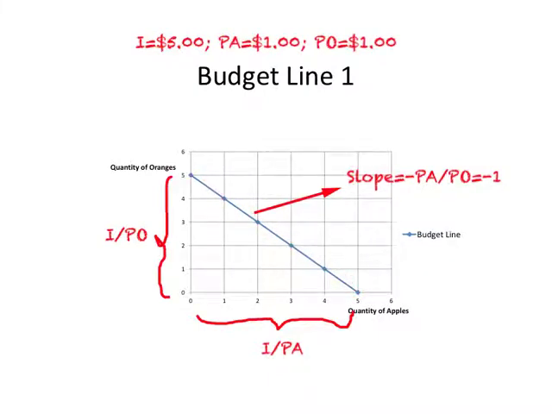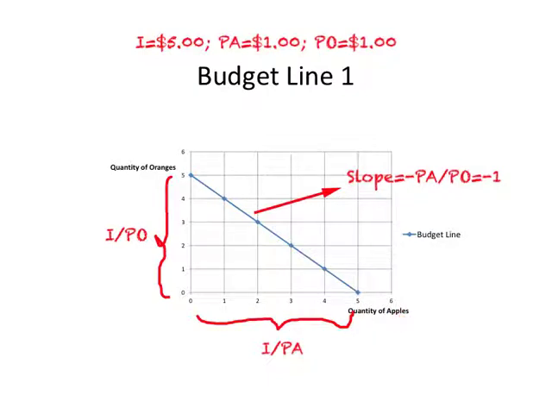Then we also know the intercept on the y-axis is his income divided by the price of the good on the y-axis, which is the price of oranges. And on the horizontal axis, the intercept is income divided by the price of an apple, and we have quantity of apples on the horizontal axis.